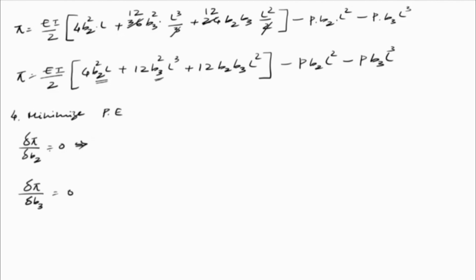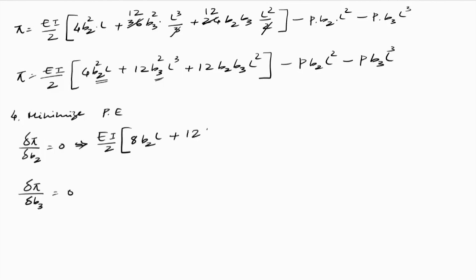First, I'll differentiate with respect to b2. Outside, I have constant EI divided by 2. That I'll keep as it is. When I am doing with respect to b2, my b3 will become constant. When I am doing with respect to b3, b2 will become constant. So now I am doing with respect to b2. Differentiation of b2 square is 2 b2, means 2 into 4, it is 8 b2 L, plus b3 is constant, therefore this term is 0.